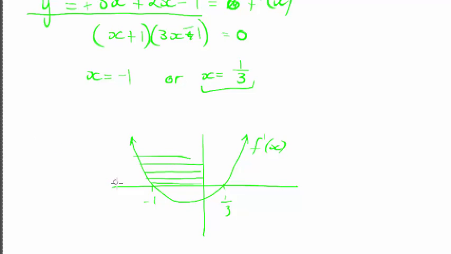And now I see, well, before -1, it's positive values. So, well, it's getting less. The positive values are getting less, which means my gradient is positive, but it's decreasing. Do you see? My gradient is going from a big positive value to 0. You see that?